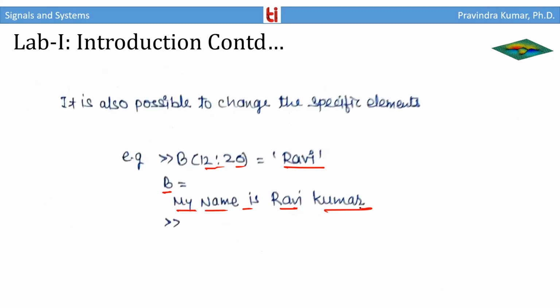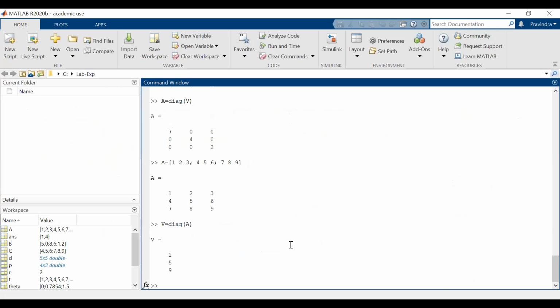So this from 12 to 20 is replaced by these characters in single quotes. So this is a string you can use.